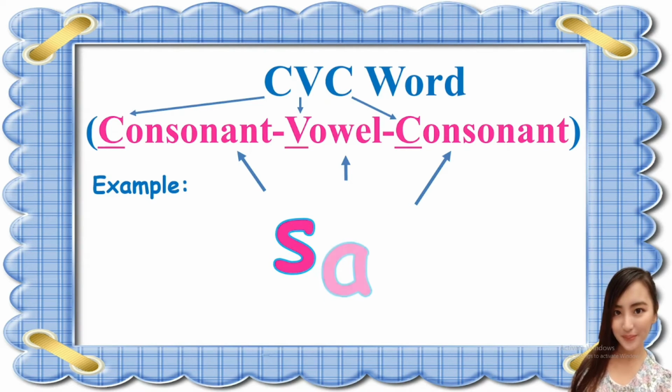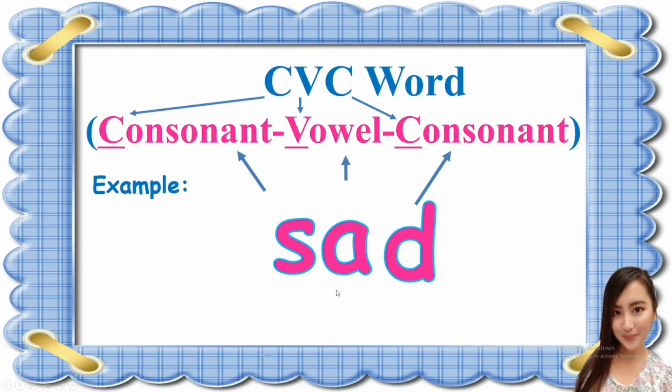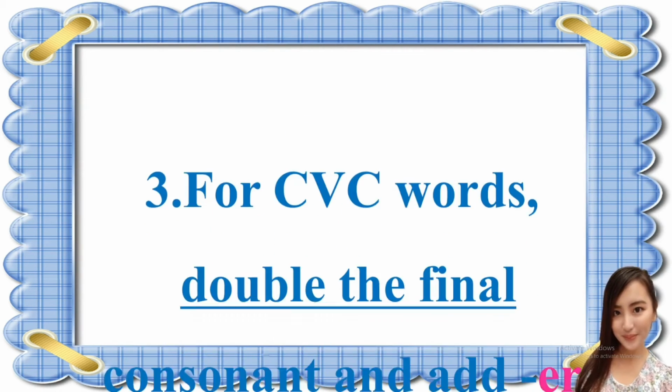Another example, S-A-D, sad. Sad is a CVC word. S is a consonant, A is a vowel, and D is a consonant. So I hope you understood what a CVC word means.